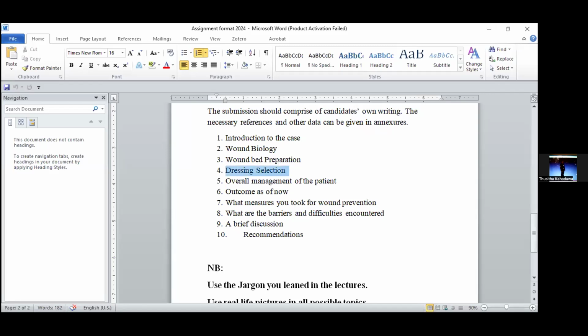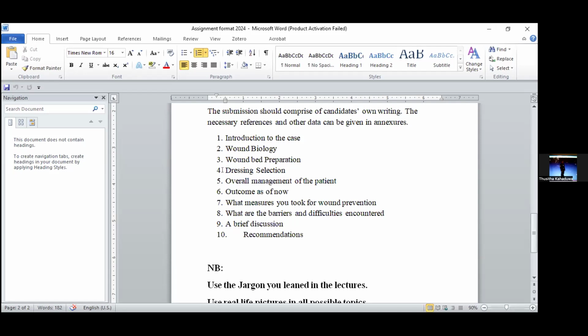Resin selection is basically your thinking process behind the choice of your resin. It might be a single resin, say acetic acid, every third or fourth day for so many cycles, or different resins. Can be acetic acid, then converted into Vaseline gauze and some gel. So each point, what's the rationale?